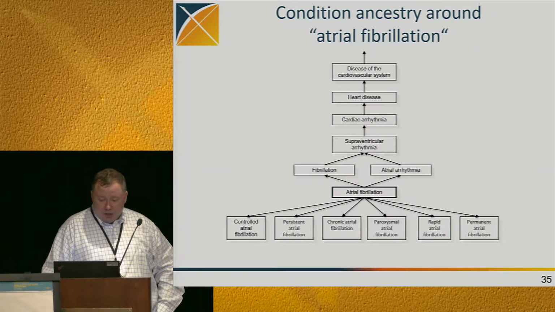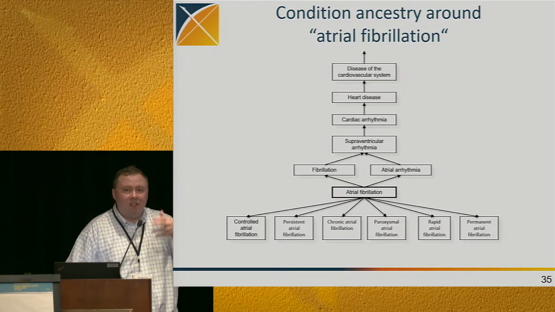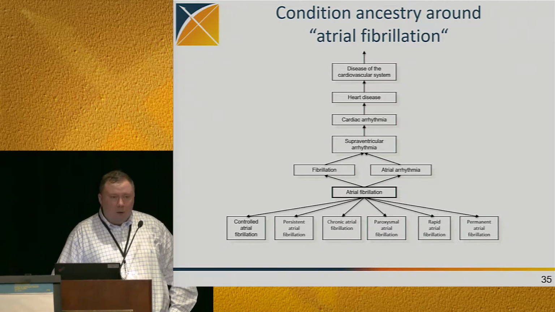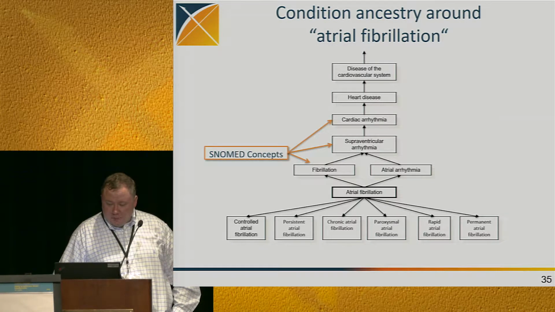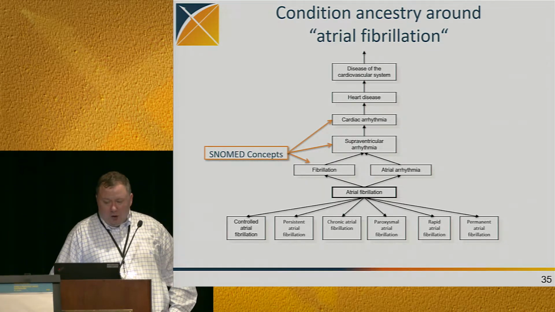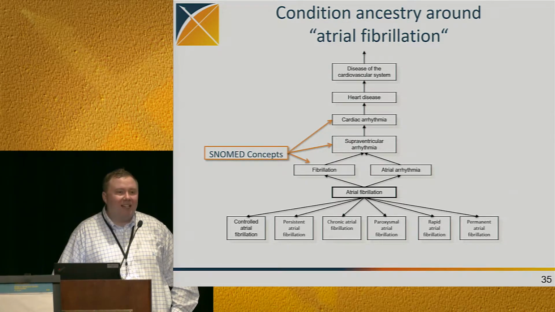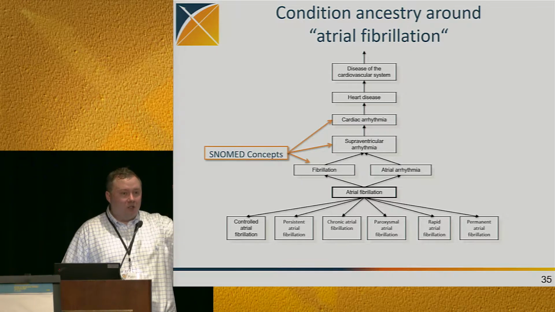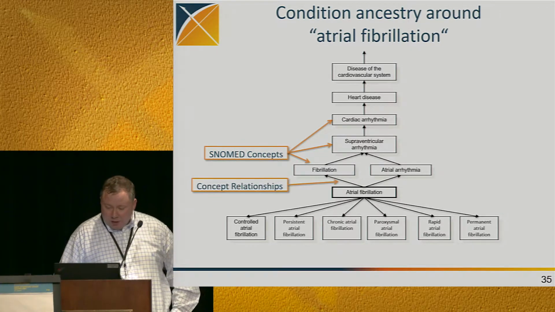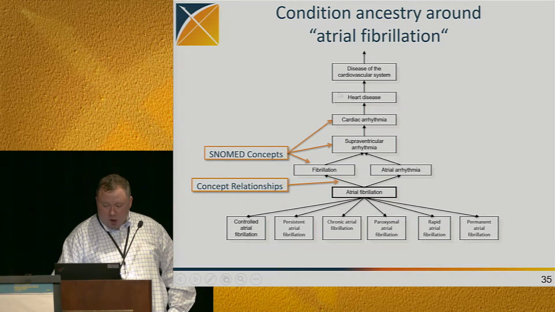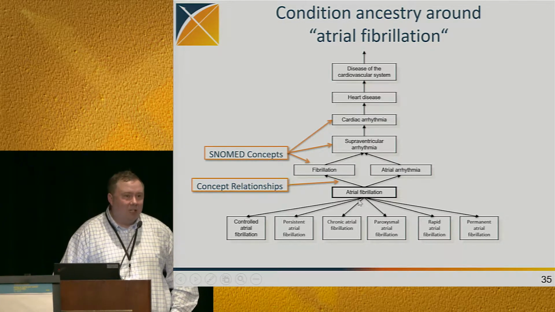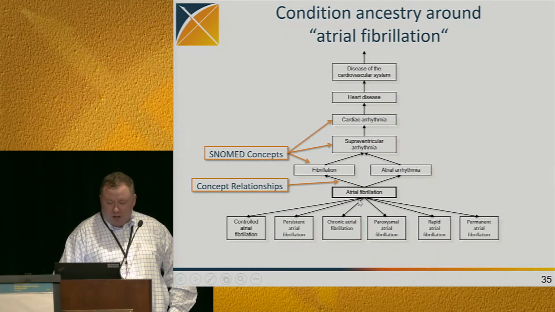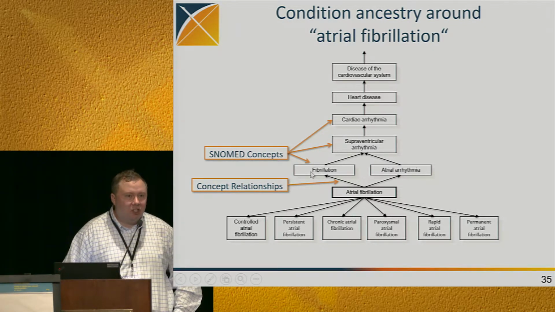So to go end to end for that, if we think about atrial fibrillation as that disease that was in that Graham paper, there is a single concept. All of these boxes represent different concepts that are uniquely identified terms. And so there is a concept called atrial fibrillation, and that concept has relationships to other medical concepts. So for example, atrial fibrillation has a relationship to fibrillation.